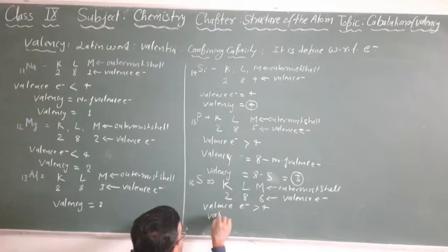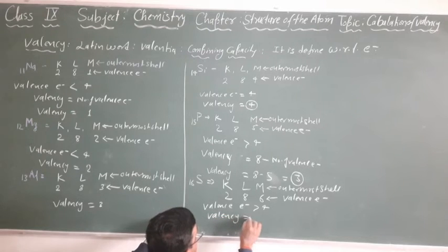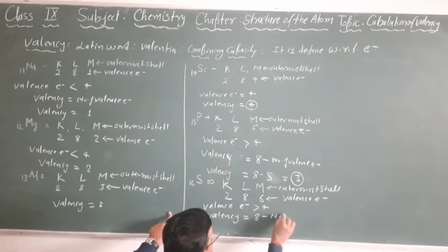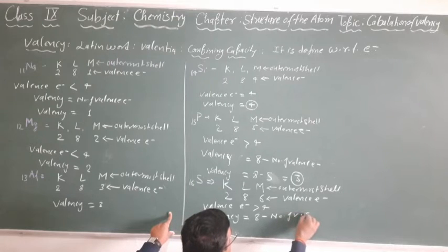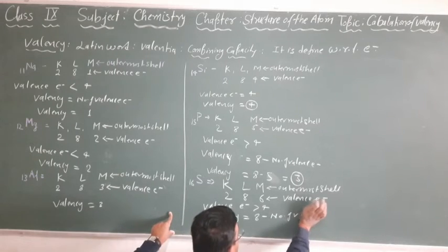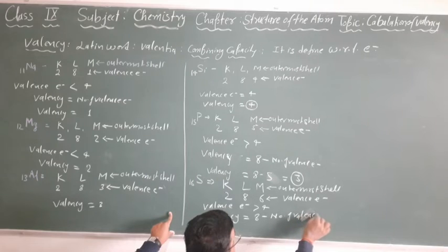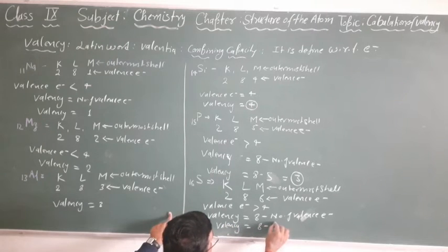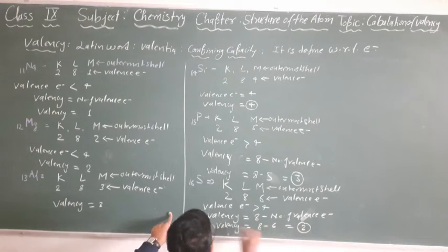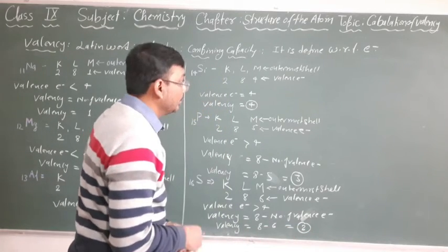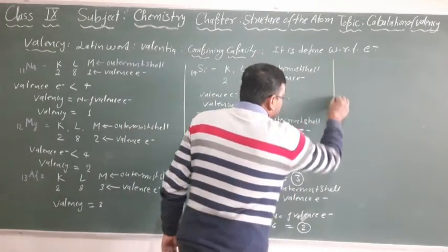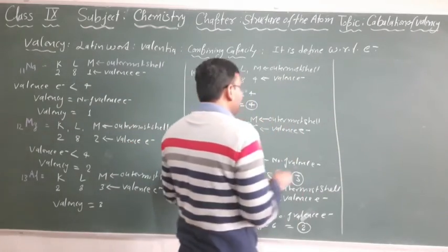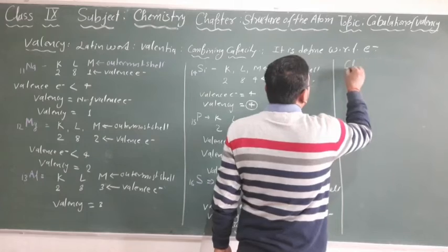So valency is equal to 8 minus the number of valence electrons, that is 8 minus 6, so valency is equal to 2. So sulfur valency is 2. Clear?